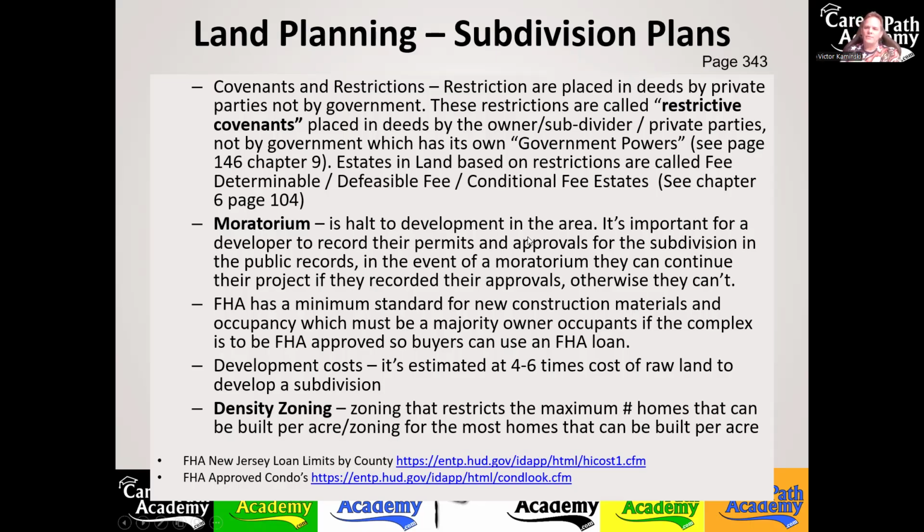So their construction standards need to be up to FHA's minimum standards, and it has to be majority owner occupant owned, because owners take better care of their properties than renters. So they don't want people using FHA loans to buy a house in a complex that's mostly renter occupied, because the values may not get maintained as well, because tenants don't care for properties as well as property owners generally. It ain't their property, they don't care.